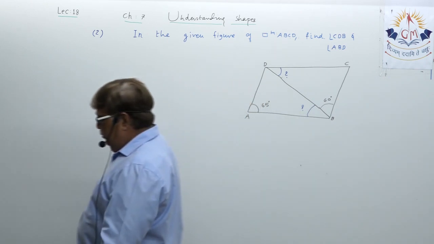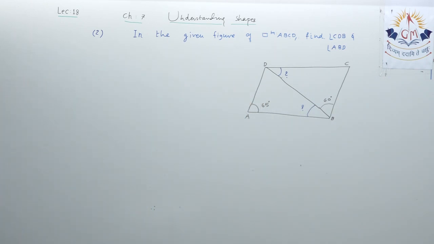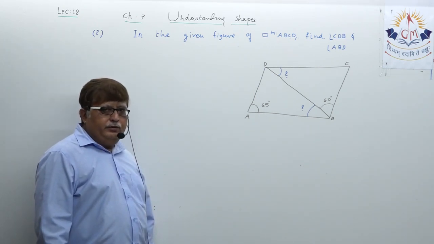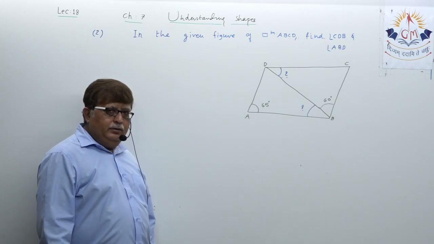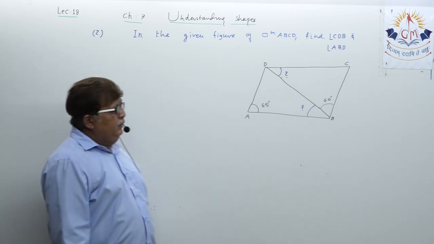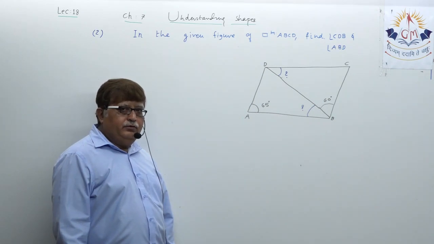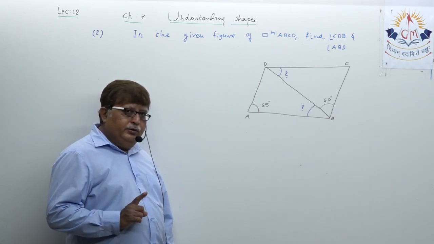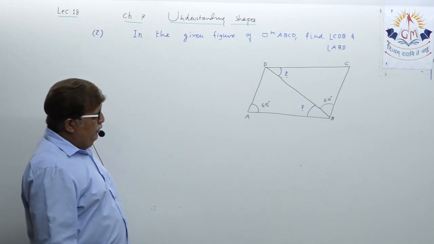Solving geometric examples always needs clarity of thoughts and clarity of the concept. Then and then you will be able to understand the given data and you will be able to solve the given sum. You need to be conceptually very strong and you should be able to remember all the properties of parallelogram.